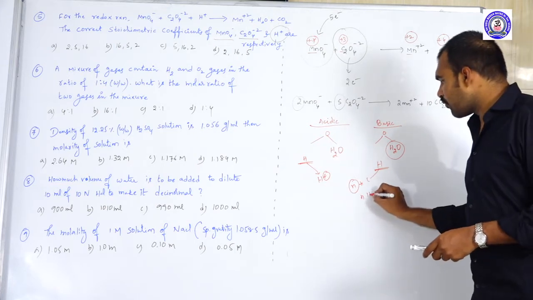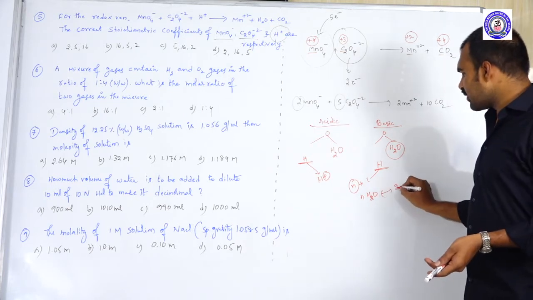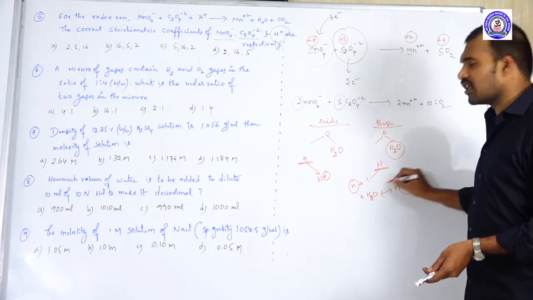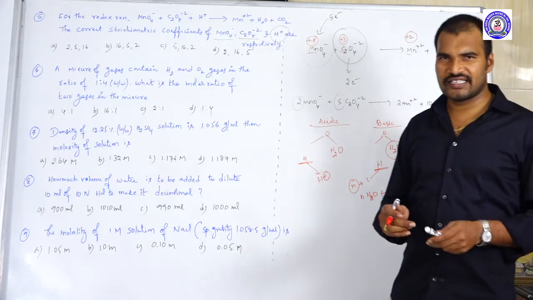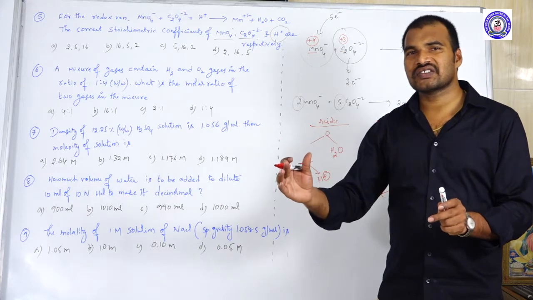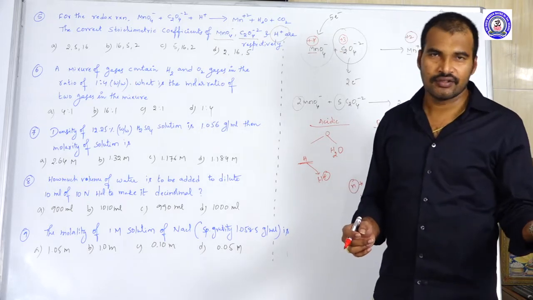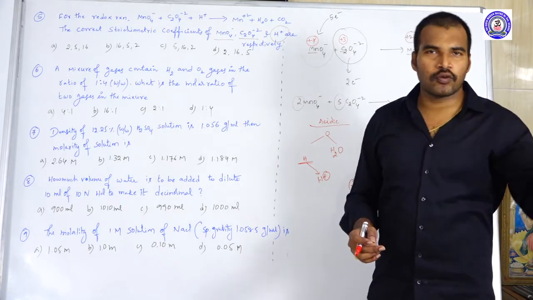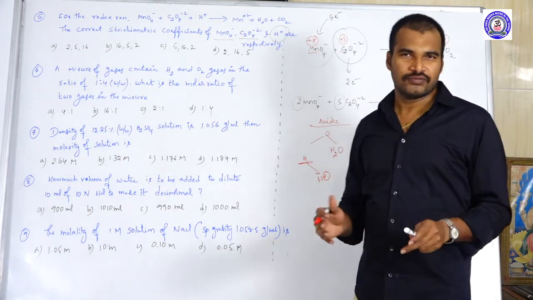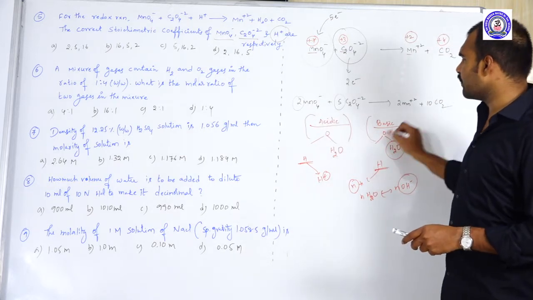Add that many number of H2O on that side, and simultaneously add that n number of OH minus ions in the opposite side. For example, in an equation, just imagine 4 hydrogens are less in the left hand side. So what you should do? You should add 4 water molecules on the left side, and simultaneously 4 OH minus ions on the right side. That is how you can balance the hydrogens. This is the only difference between acidic media and basic medium.